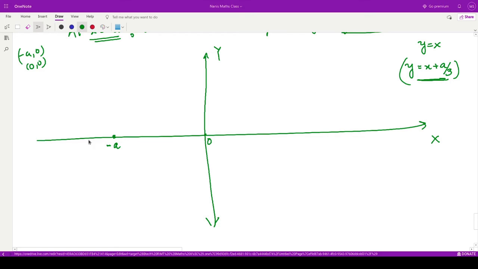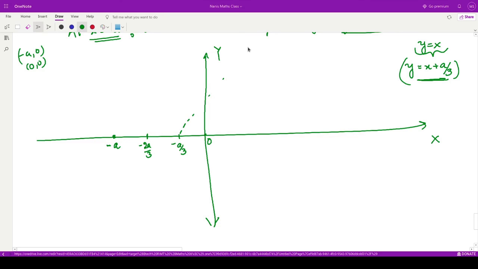Now if this is minus a, this point would be minus 2a upon 3, and this point would be minus a upon 3. So this curve has been translated from this curve by a by 3 units towards the left hand side. So we would have our asymptote, which is usually represented by a dotted line.